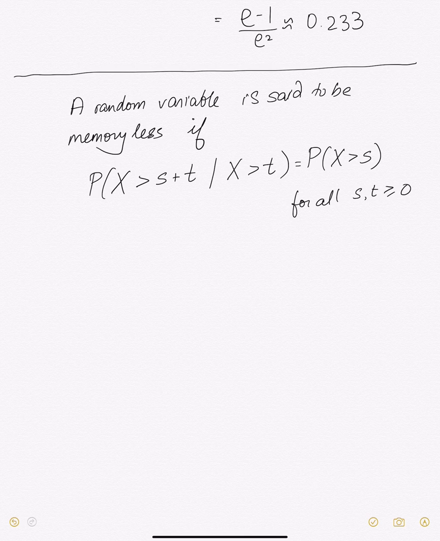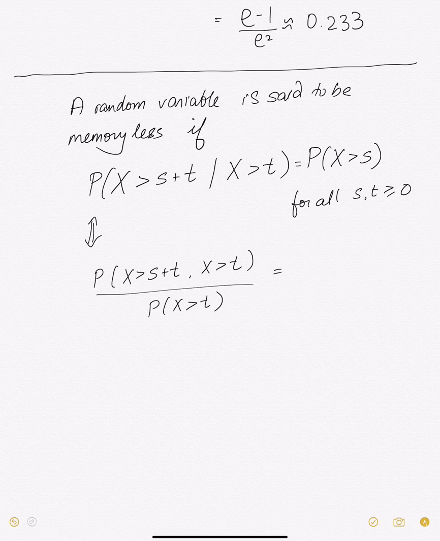So we'll use the conditional probability formula, and you have the probability of A given B is the probability of A intersect B divided by the probability of B, and it is memoryless. So this is equivalent, if that left hand side is the probability of x bigger than s. Okay, well, let's study this.